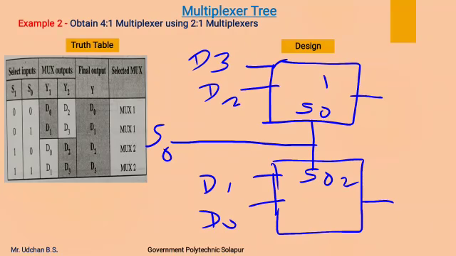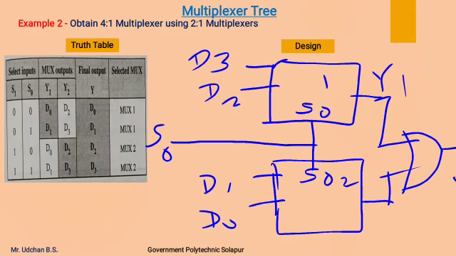These are again two outputs. We require only one output, so I will connect them to an OR gate. Now this will be the Y1 output and this will be our Y2 output.